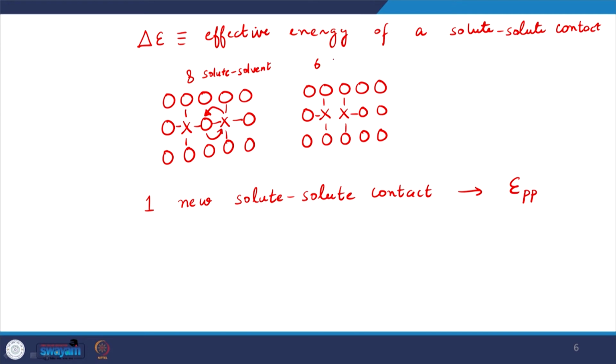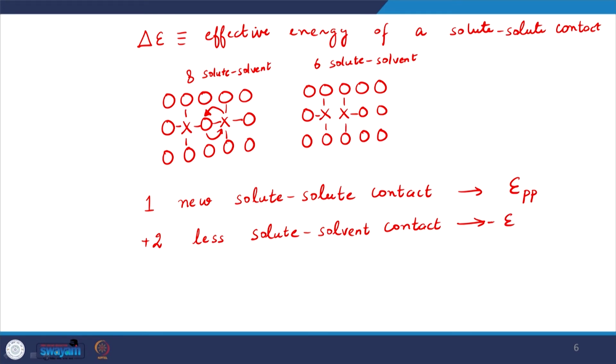So, in total now we have only 6 solute-solvent contacts. So, therefore, we have 2 less solute-solvent contacts. And that will result in an energy change of minus 2 epsilon PS.